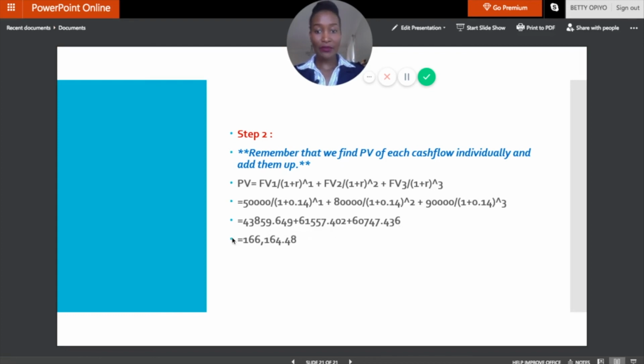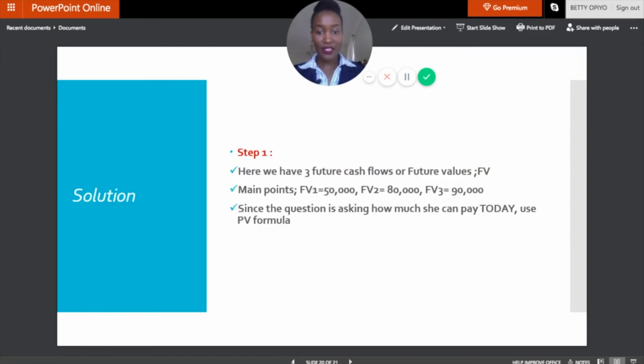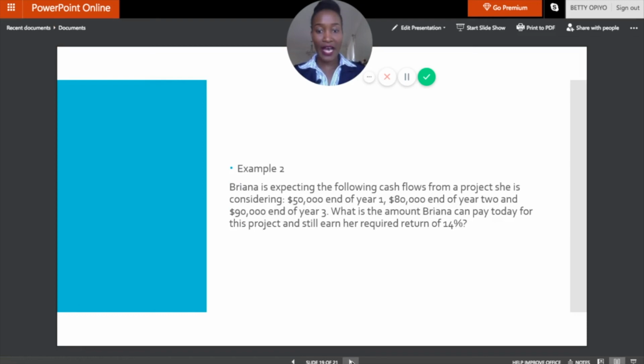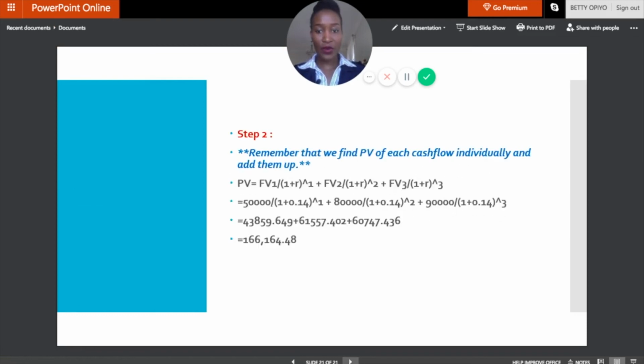Summing them gives us the overall present value of all these cash flows, which is 166,164.48. So Brianna would pay $166,164.48 today if she is expecting to earn her required return of 14%.